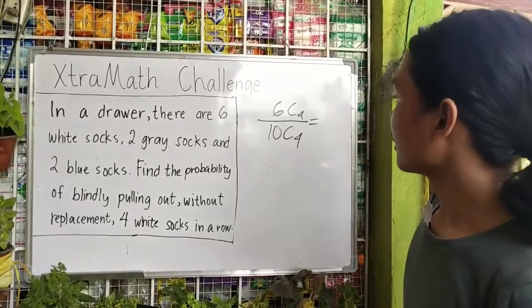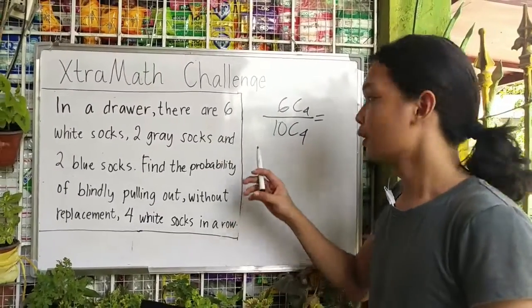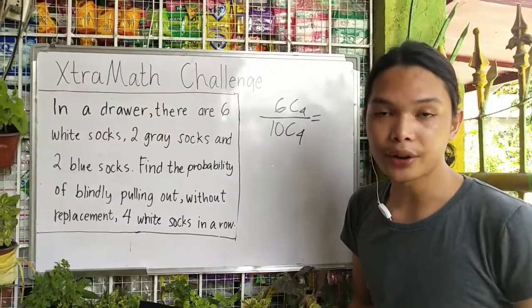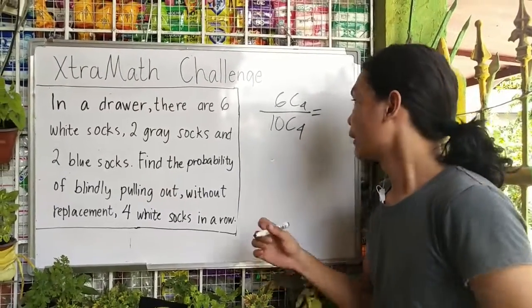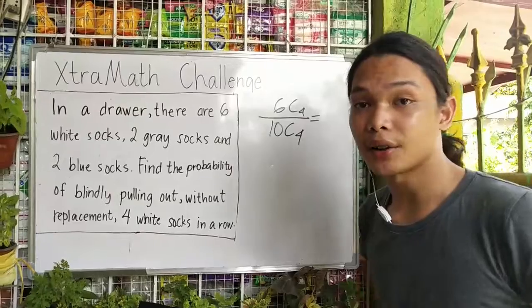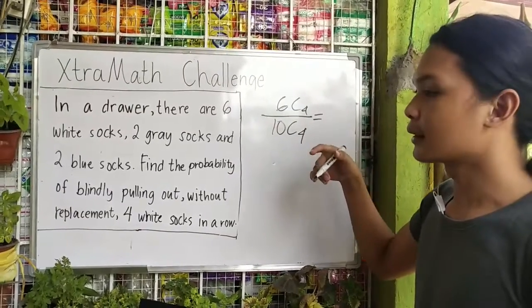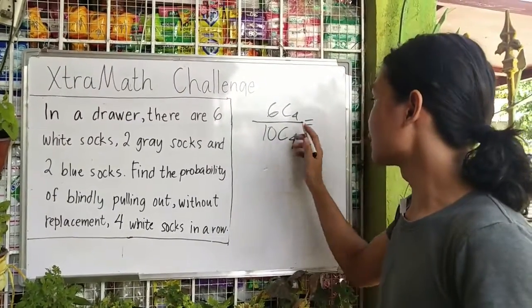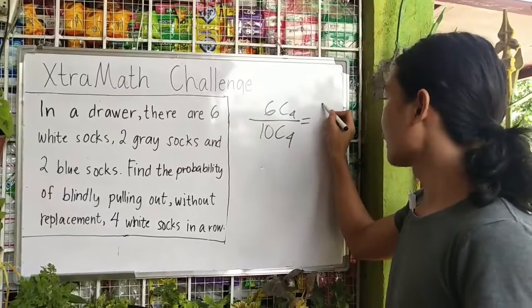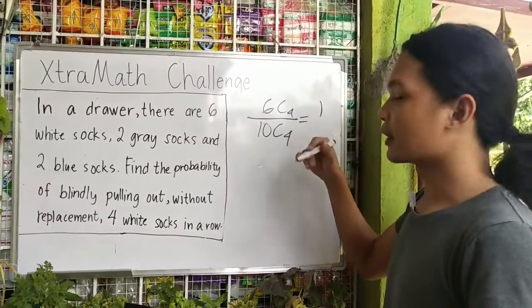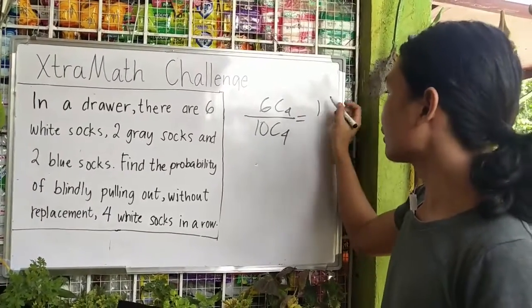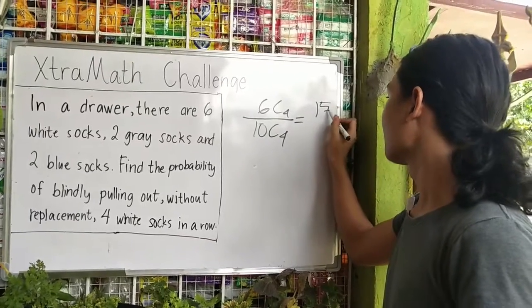In case you don't know the value of 6C4, you can use a scientific calculator to solve this. But since I know that the value of 6C4 is 15, I can directly write it.